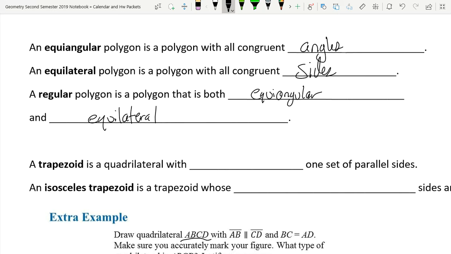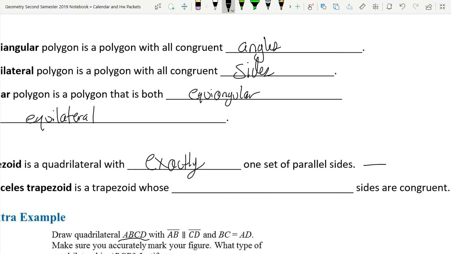So let's review, and this is new. A trapezoid is the one quadrilateral I will define in these notes. A trapezoid is a quadrilateral with exactly one set of parallel sides and typically looks like this, where these sides are parallel, and then those are the two non-parallel sides.